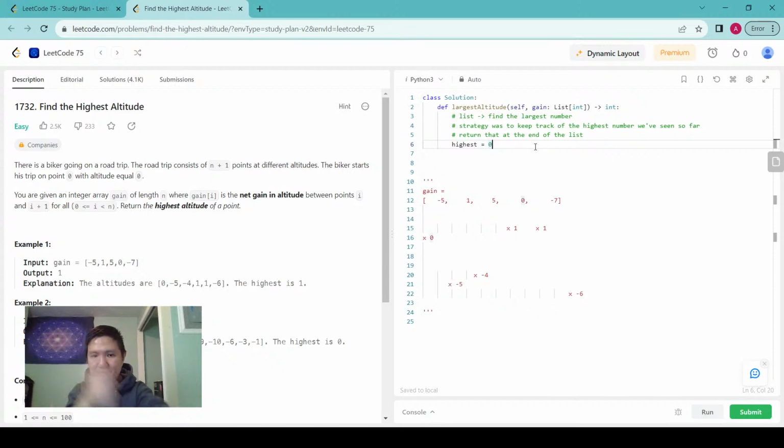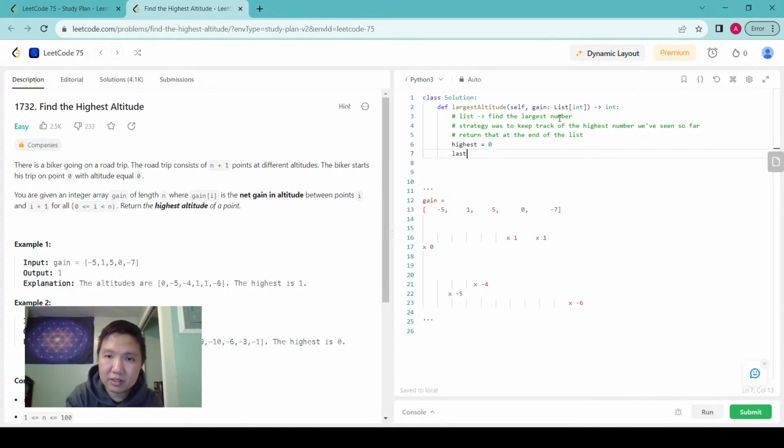So for that, to calculate the altitude of any particular point, we need its gain and its previous point. We don't need all the points before it. We just need the one before it. We can call it last altitude, let's just say 0.